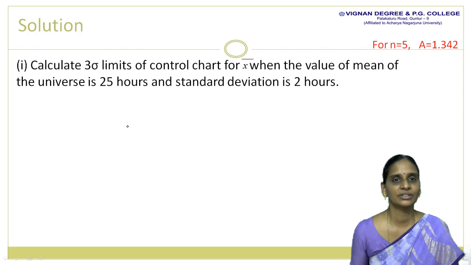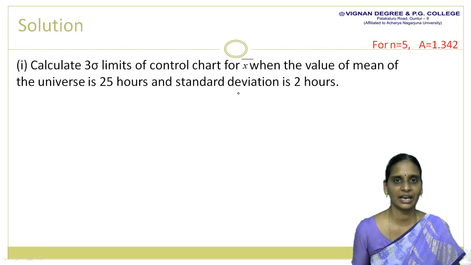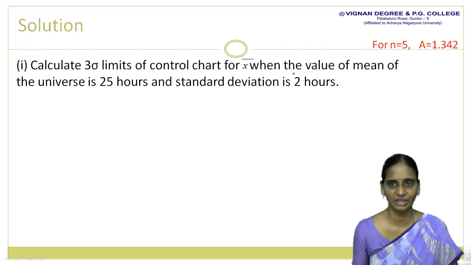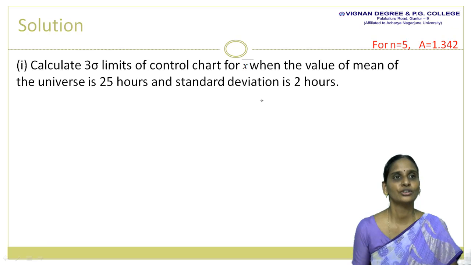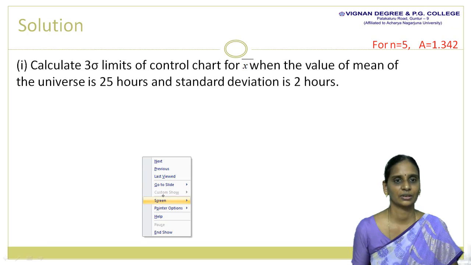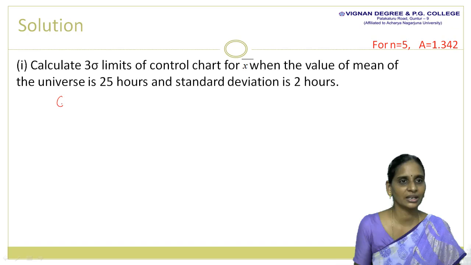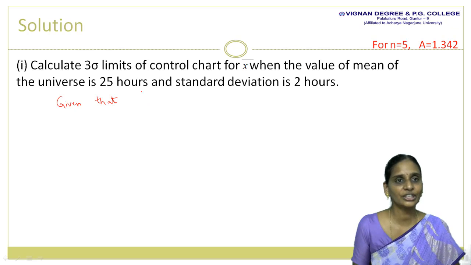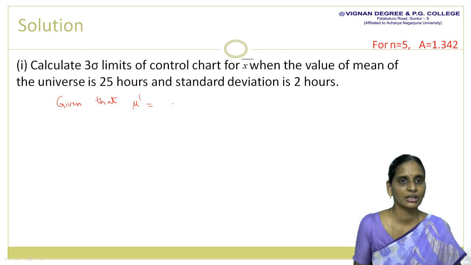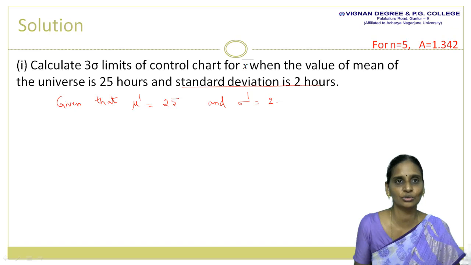Calculate the 3 sigma control limits for X bar chart when the value of mean of the universe is 25 hours and the standard deviation is 2 hours. So we are given that the mean of the universe, mu dash, is equal to 25 hours, and the standard deviation, sigma dash, is equal to 2 hours.